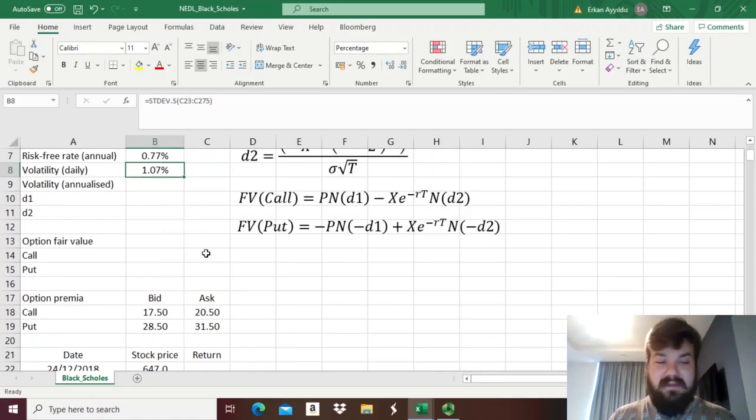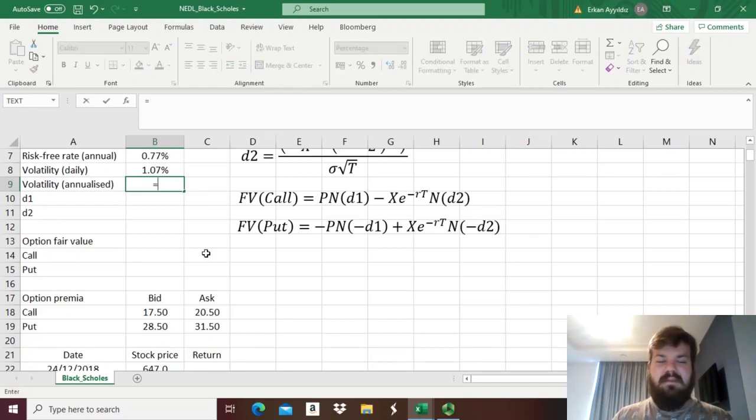Then we need to annualize this volatility. Well, we can use the random walk assumption, so that the stock returns are independent of past stock returns and that the share price follows a random walk, and just multiply the daily volatility by the square root of the number of trading days within the year.